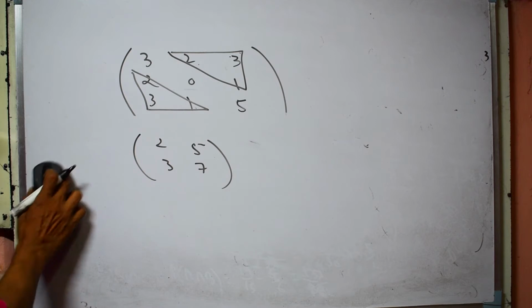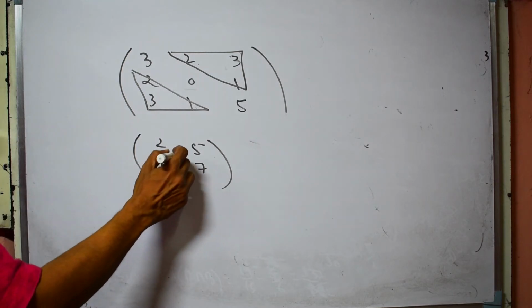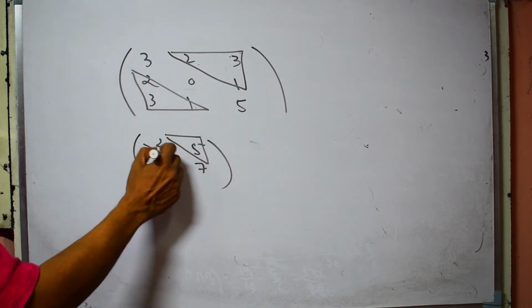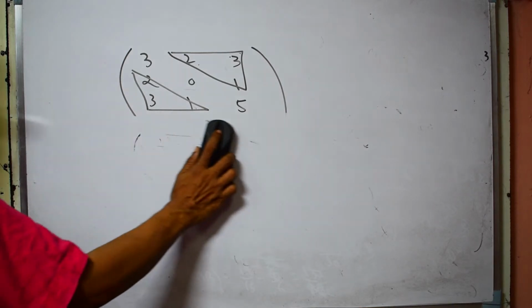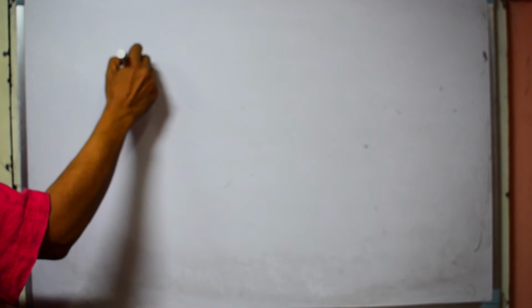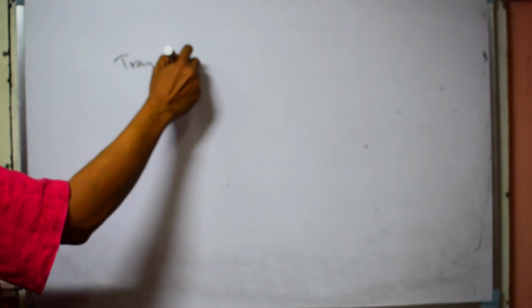Here also you can have this portion and that portion the same. So in case of a square matrix, if you find this, then it is a special kind of matrix. Why? Because of this upper triangle and lower triangle. This is one important thought, that is called transpose of matrix.